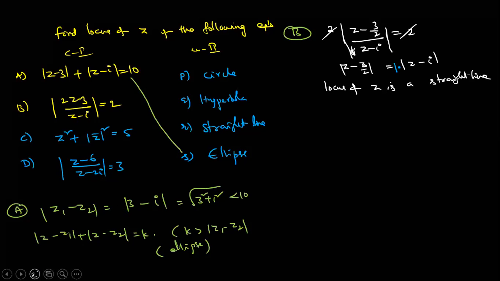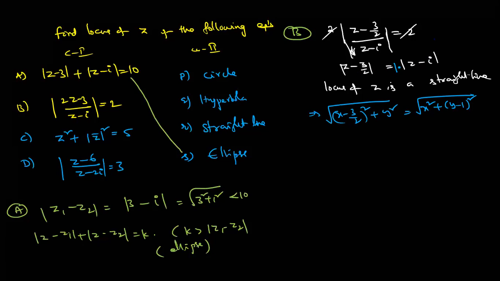Shall we try? Shall we expand this one? How is it possible? Let's see. (x minus 3 by 2) whole square plus y square is equal to x square plus (y minus 2) whole square. How do you know, right? z minus i means what? x plus iy, minus i. How to write? x plus i times (y minus 1). Like that. So squaring both sides and simplifying, the x square term is cancelled, the y square term is cancelled, degree 1 is coming.